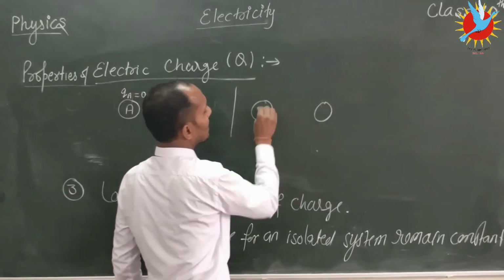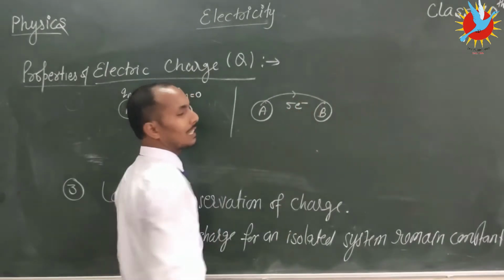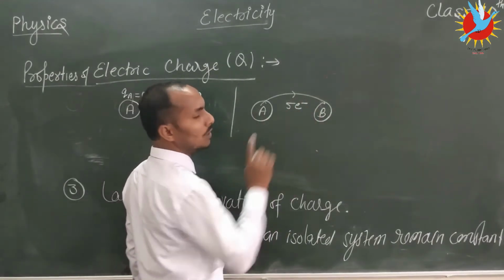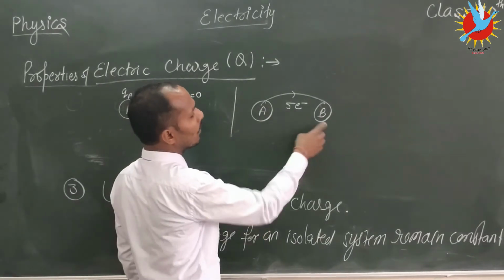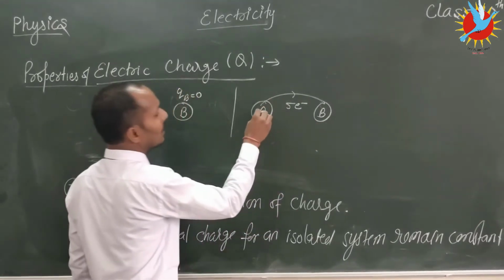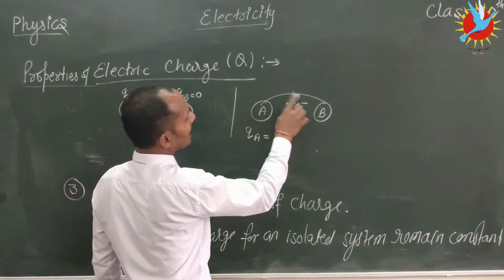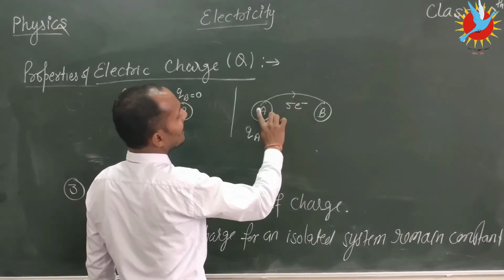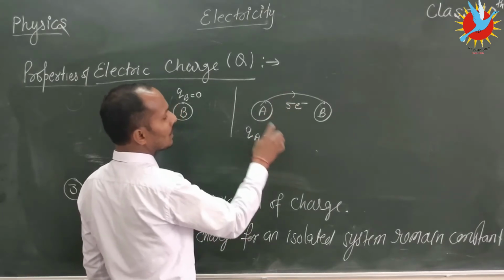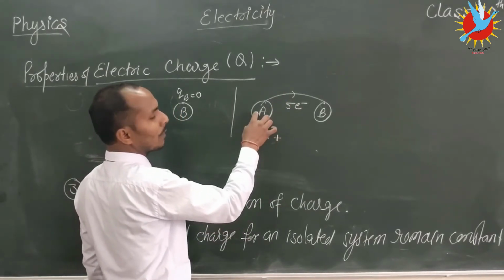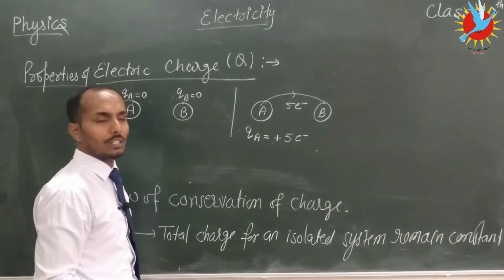Some electrons, say 5 electrons, are transferred from body A to B. Because it loses electrons, body A acquires positive charge, so its total charge is plus 5 electrons.